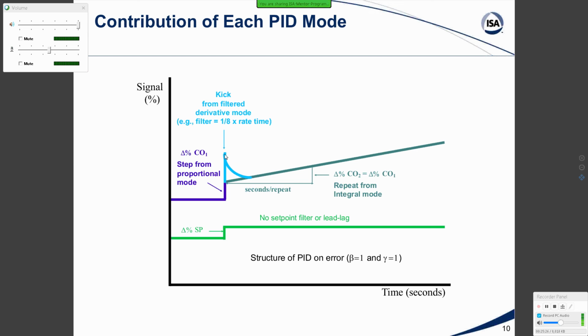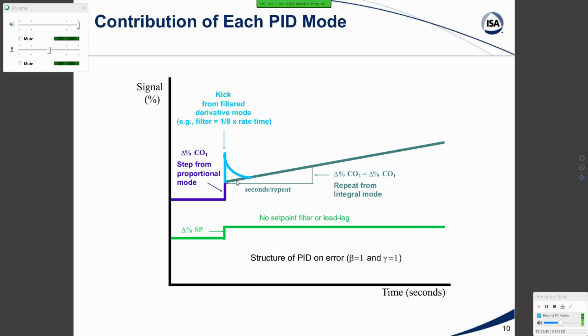Anyway, if there is a filter, what you get is a kick that decays rather quickly. Its contribution decays to 0. And what you're left with is the contribution from the step in the proportional mode and the ramping action that you get from the integral mode.